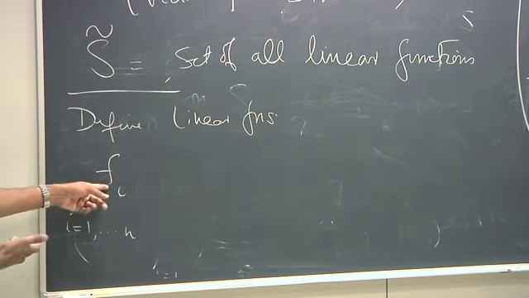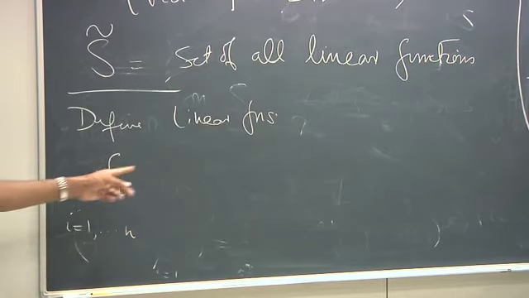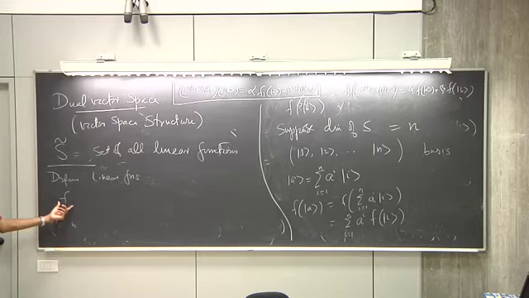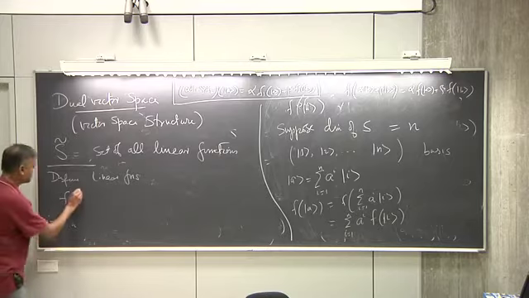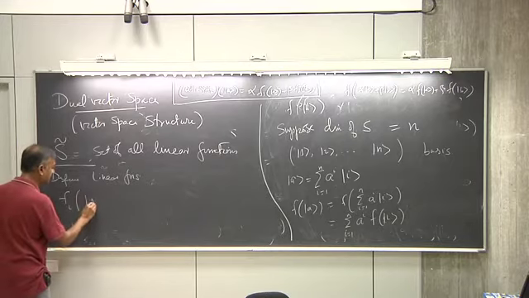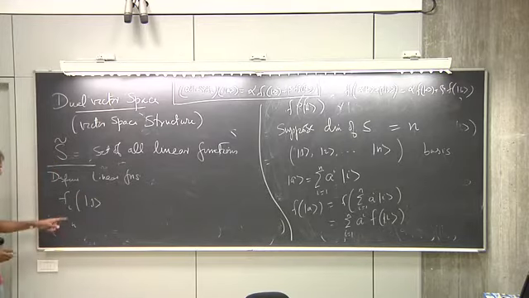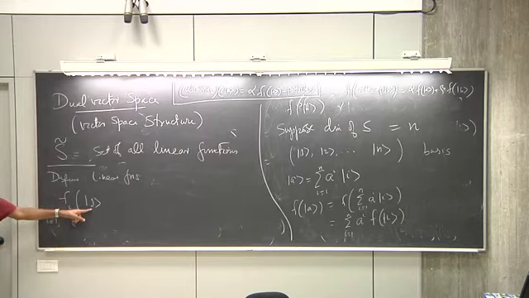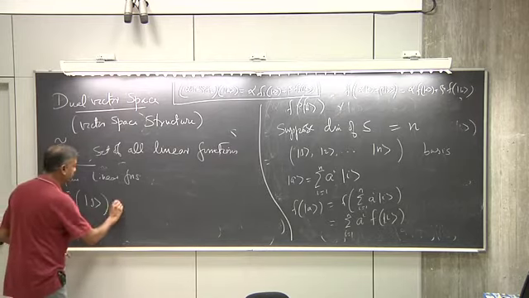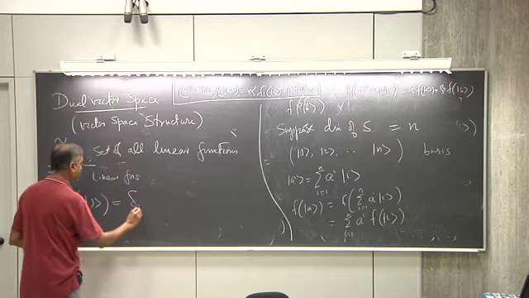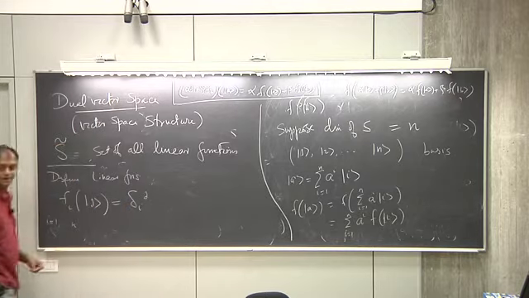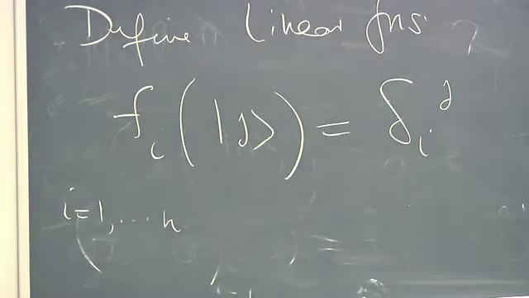So how do I define them? As I already proved, to define a function it is sufficient to say how it acts on the basis vectors. So I will define fi acting on basis vector ej. Remember, i goes from 1 to n, j goes from 1 to n. This is nothing else but the Kronecker delta.